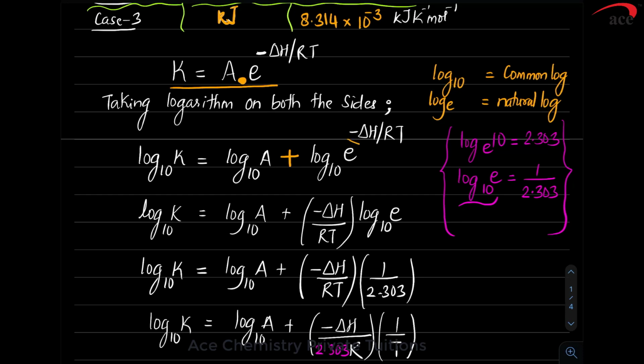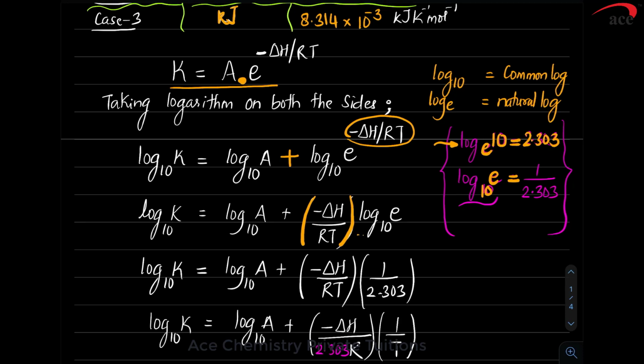Now, whatever is a power will accordingly become multiplication, because we know log has an ability of converting the index into a multiplication. Now, this factual information, as a chemistry student you should be aware, log of 10 to the base e, that value is 2.303, and log of e to the base 10 is actually a reciprocal of that.